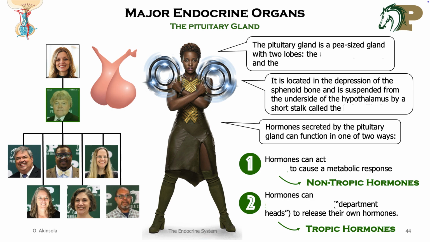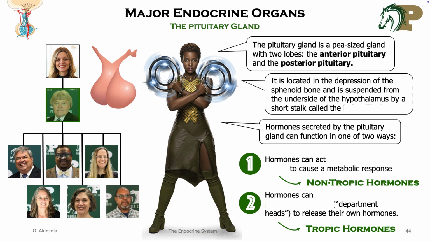All right, we talked about the hypothalamus and its role in initiating essentially endocrine function. Now we are moving down to the second in command, which is the pituitary gland. The pituitary gland is a pea-sized gland with 2 lobes, anterior and posterior.